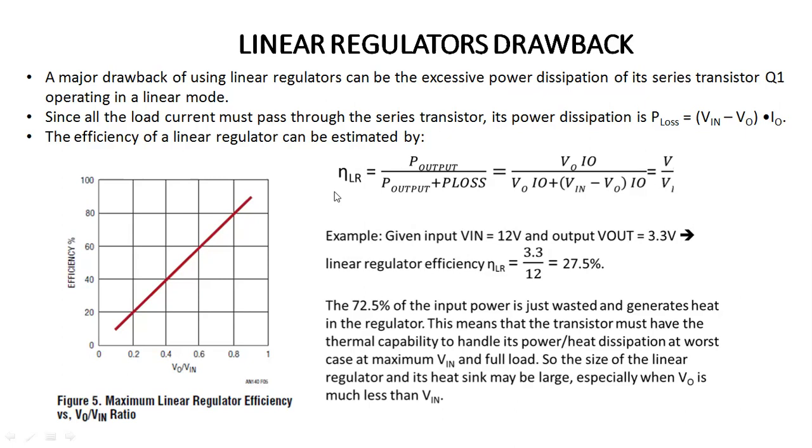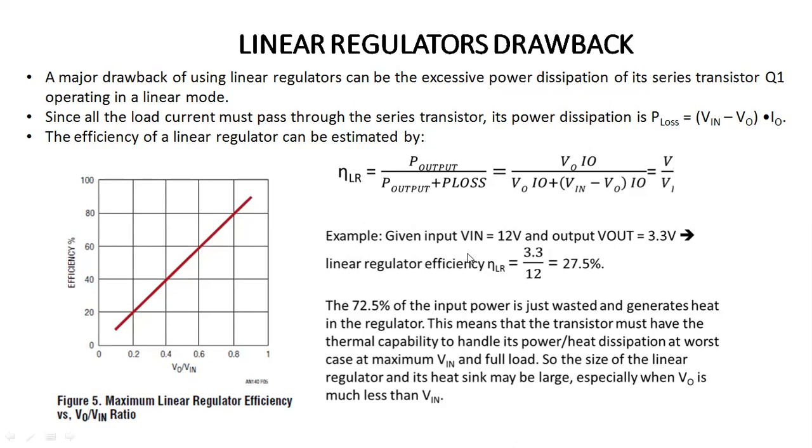So by using the linear voltage regulator, we will waste a larger amount of power and its efficiency will be less. Efficiency is nothing but output voltage with respect to input voltage.